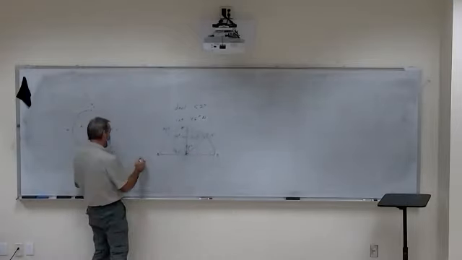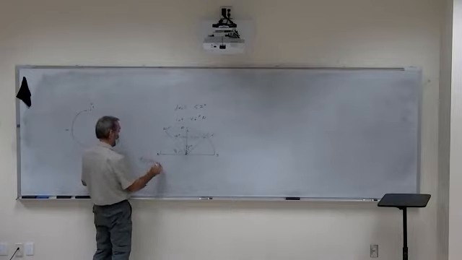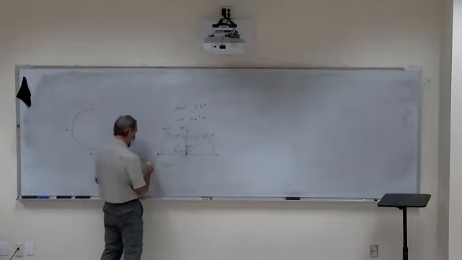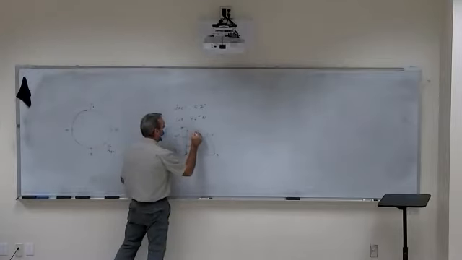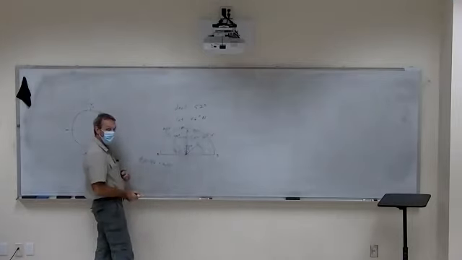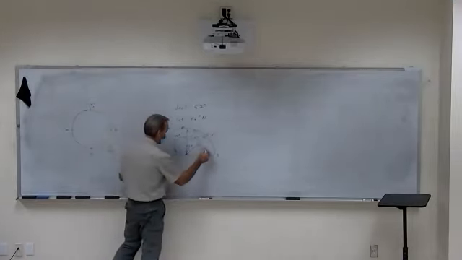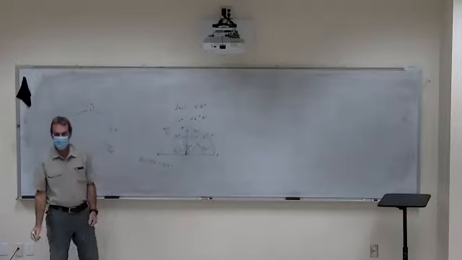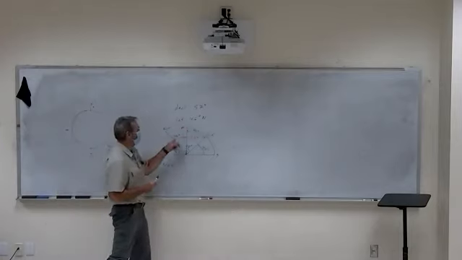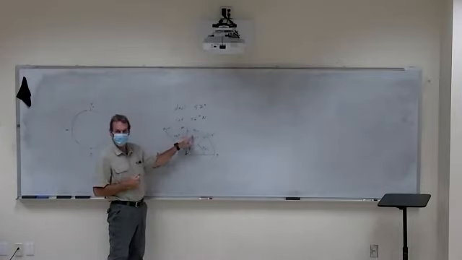Yeah, 90 minus 46, which is 44. What's this angle, by the way? No, it's also 44 degrees, right? Is 52 bigger than 44? Yes. So is the star circumpolar? Yes, it is.